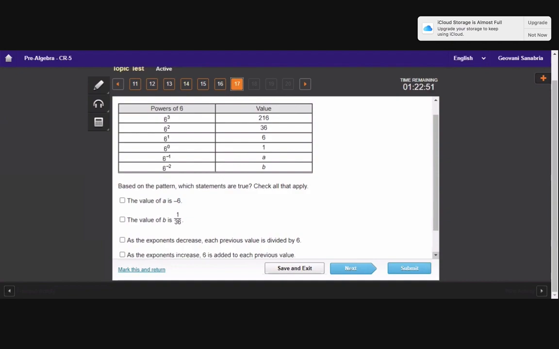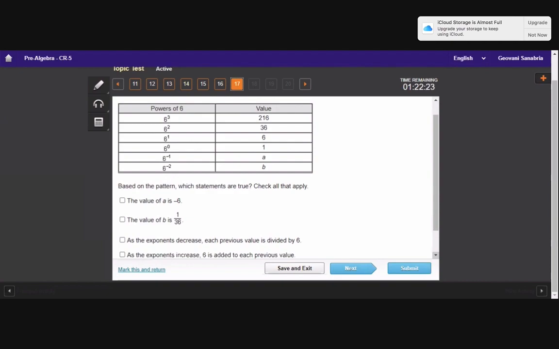But on the last problem, when it had 10 to the 1, it gave you 10 on one side of the table. And then it did 10 to the 0, which gives you 1. And then 10 to the negative 1 gives you 1 over 10. Anytime the exponent is negative, it gives you something in the bottom of a fraction.